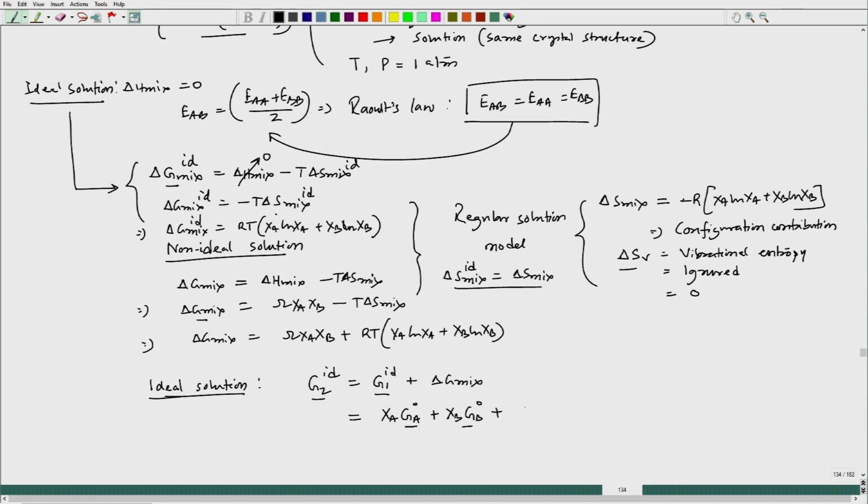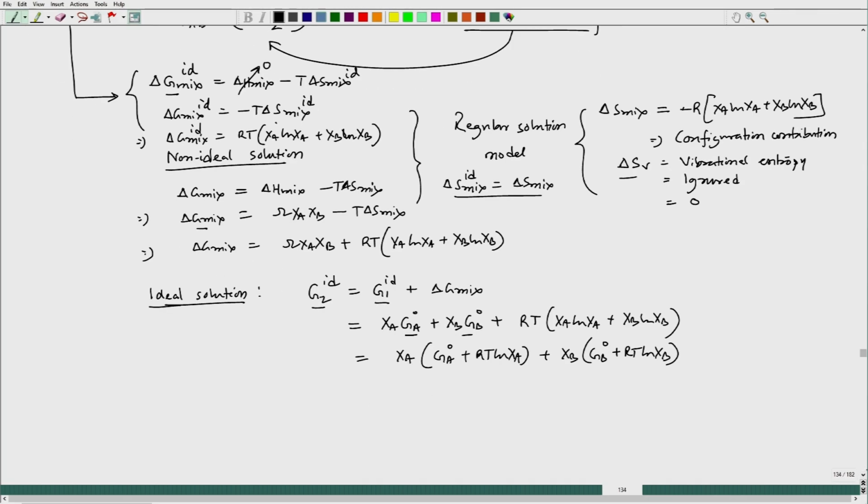Plus we write RT (XA ln XA plus XB ln XB). So this can be written as XA (GA naught plus RT ln XA) plus XB (GB naught plus RT ln XB). So this is G2 ideal.